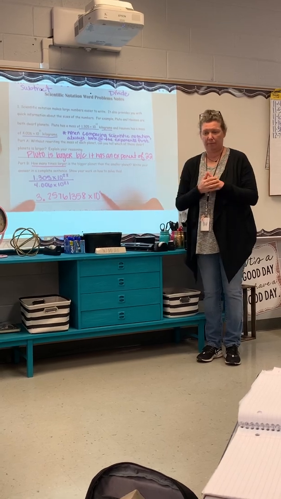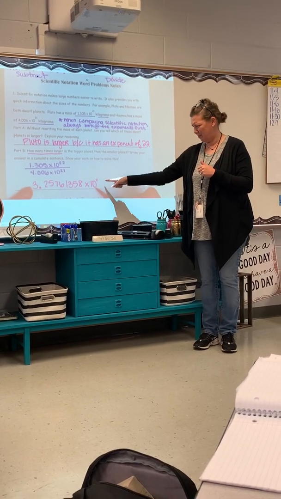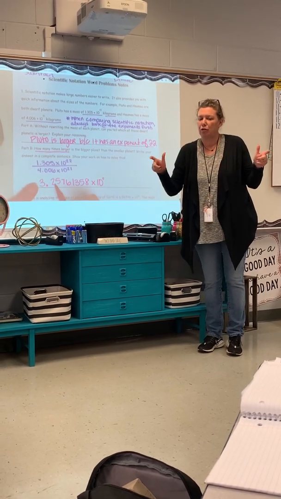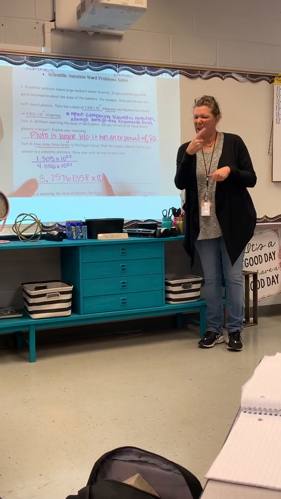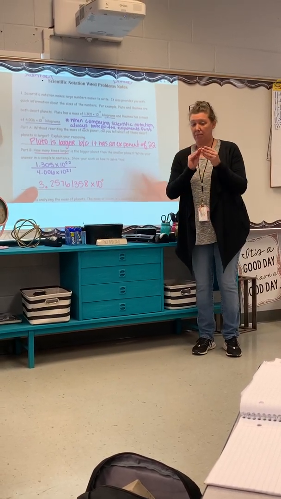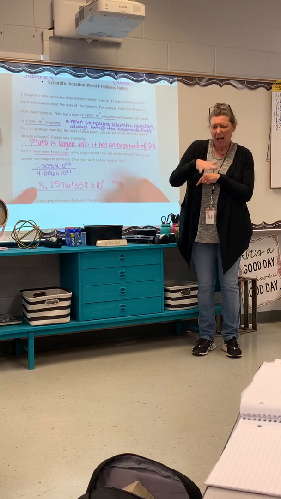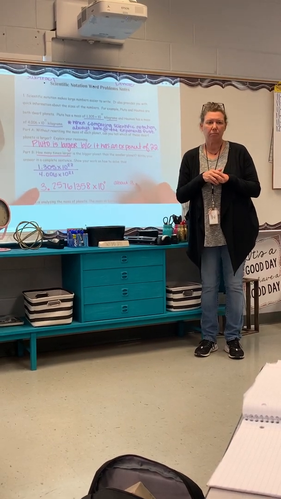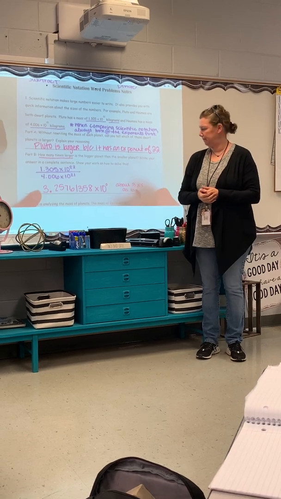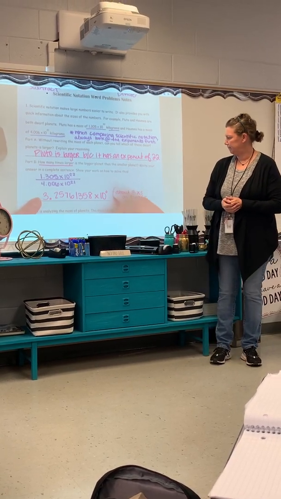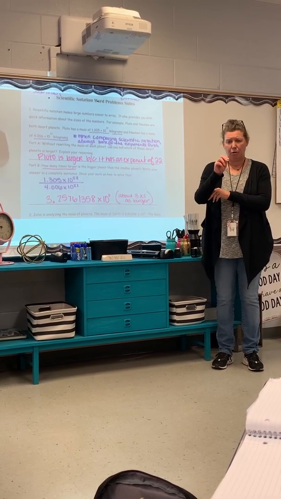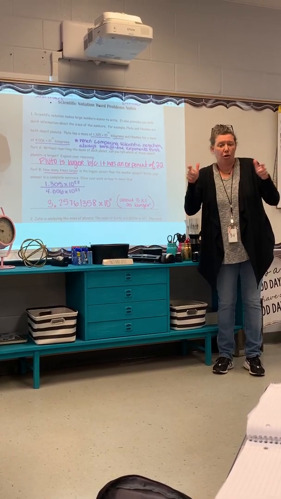If it's to the 0 power, that means a 1. So this is about 3 times larger, because 3.25 and so on times 10 to the 0 means this number times 1. So about 3 times as large. All right, so Pluto is about that much larger than the other planet.